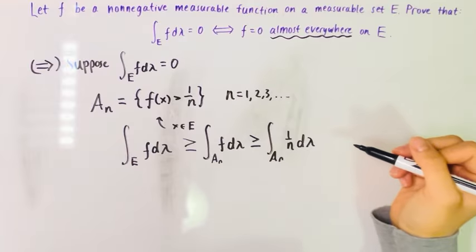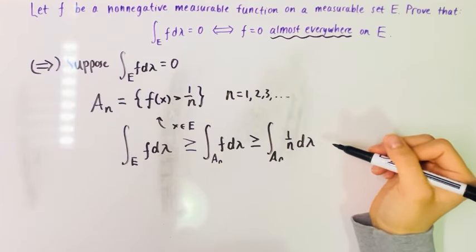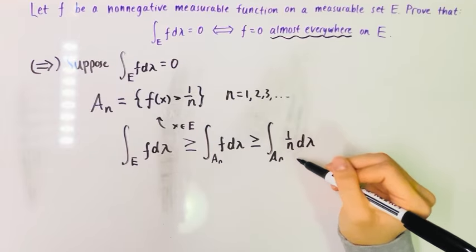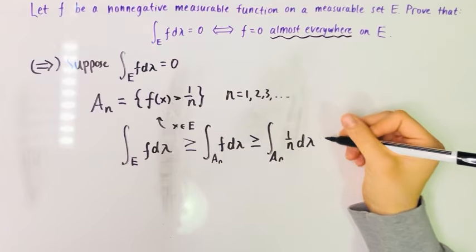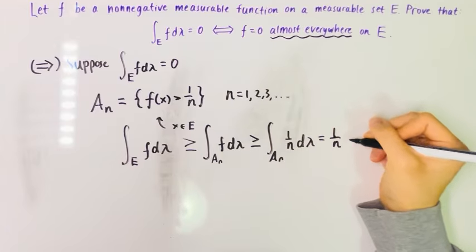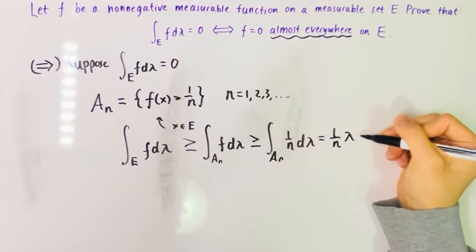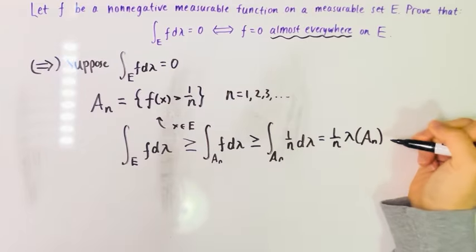All right, and furthermore, since this will basically just be a constant, that's just going to be equal to 1 over n times the measure of A sub n.